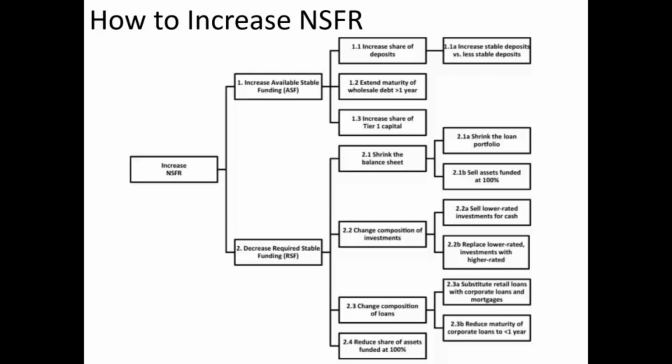The author breaks it down into various different types, looking at what's actually built into the top half and the bottom half of the formula. So do take time to have a look at this diagram and understand how a bank could operationally increase its net stable funding ratio by the various different components within the formula.